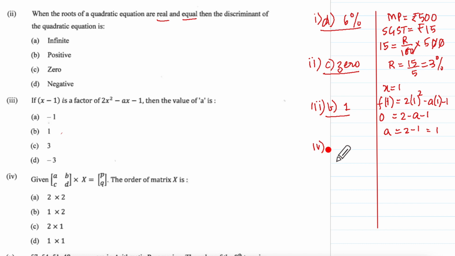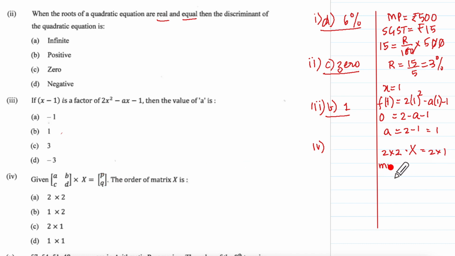Let us look at the fourth one. Given that the matrix A, B, C, D multiplied by x is P, Q. Now here this has the order 2 by 2, then multiplied by x. So I'm writing a dot there and x. And that is equal to, here you will have 2 rows into 1 column, so 2 by 1.